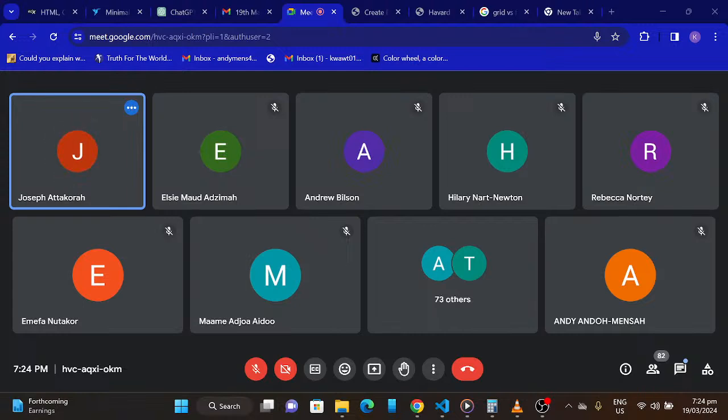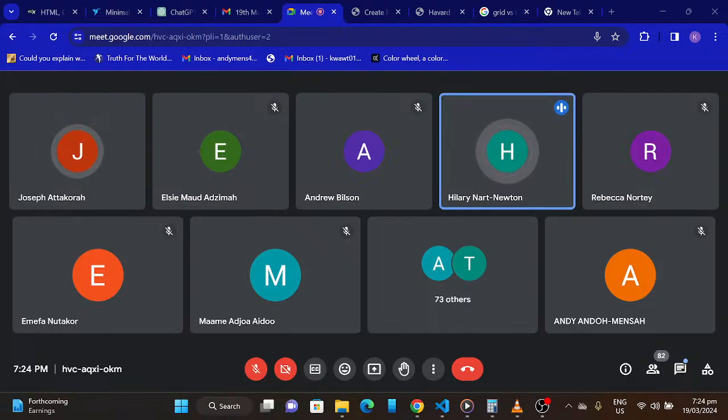Who can tell me one or two tubular functions of the kidney? Electrolytes and fluid balance.